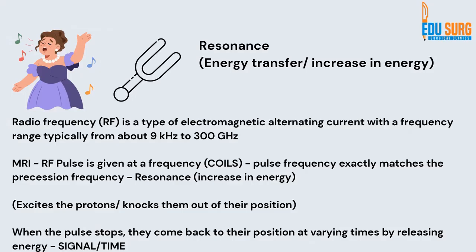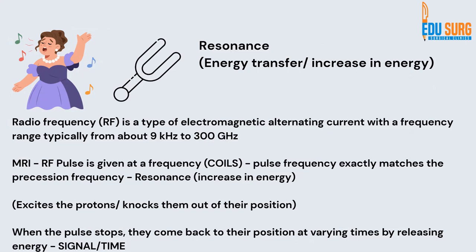Because when this pulse stops, the protons will come back to their position by releasing the extra energy that they gained by resonance. And it is this released energy that we are capturing by the receiver in the coil, and that is known as signal. Okay, the signal comes at a specific time, and noting the signal and the time is what creates the imaging.